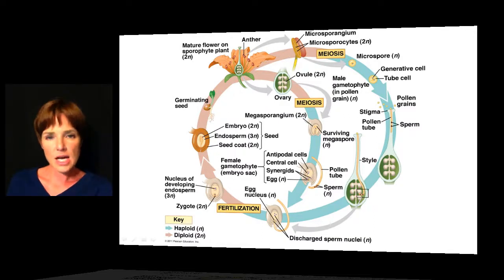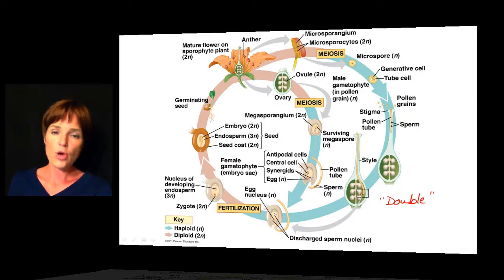Now, at the same time, one thing that is important here is that we're going to get what's called double fertilization. This double fertilization has to do with the fact that you've got two nuclei, or two sperm, inside that pollen tube. One of them will fuse with the egg and we get the zygote.